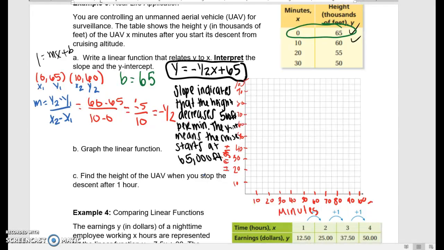So I'm going to then plot my points: 0, 65, 10, 60, 20, 55, 30, 50, and then try your best to draw a straight line.